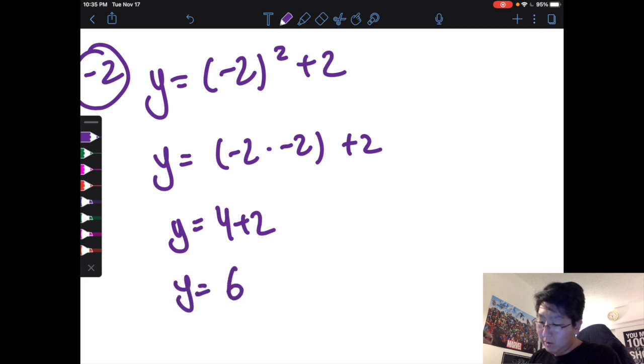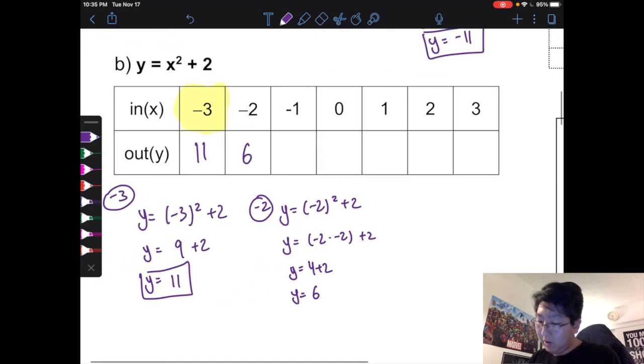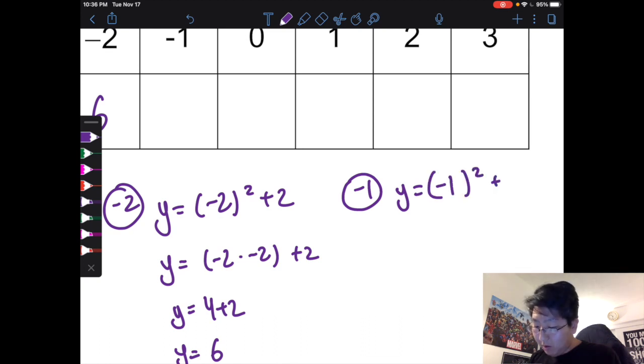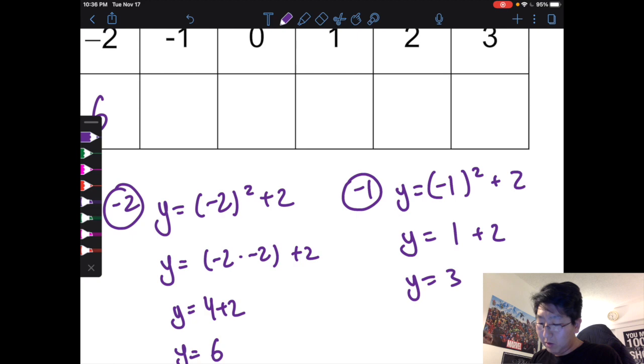Y equals 6. Oops, -1. Let's go ahead and put -1. Y equals -1 squared plus 2. Y equals -1 times -1 is 1 plus 2. Y equals 3.